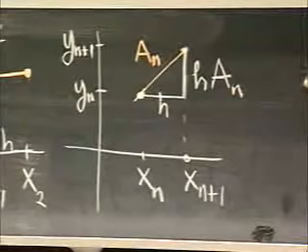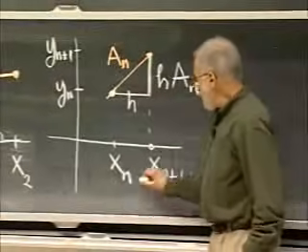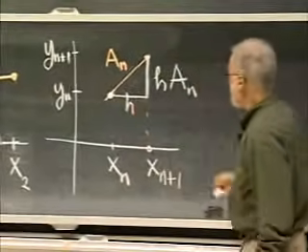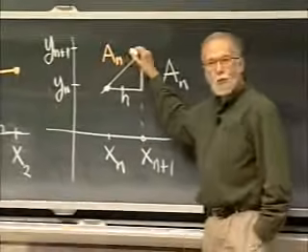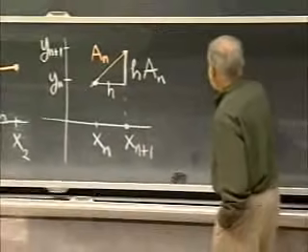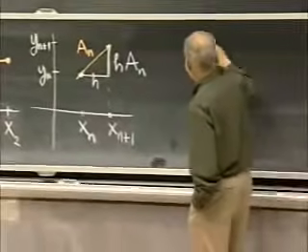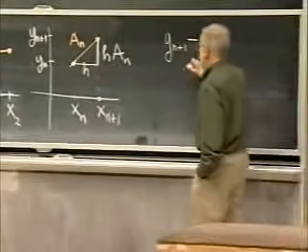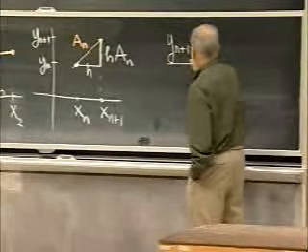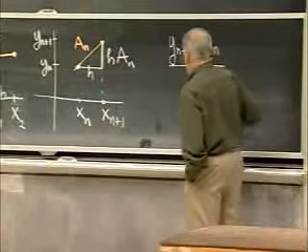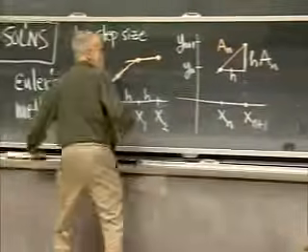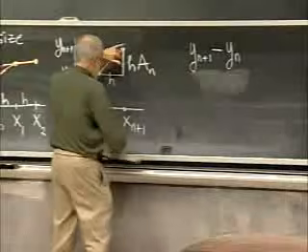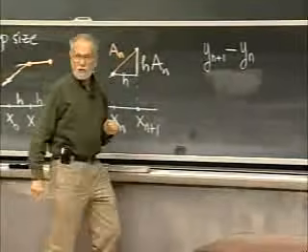To get from xn to xn plus 1, I simply add h. So that's the trivial part of it. The interesting thing is, how do I get the new yn plus 1? The best way is to write yn plus 1 minus yn, divided by h. Well, yn plus 1 minus yn is this line, the same as the line h times an.